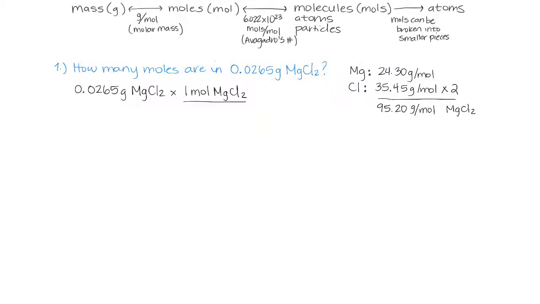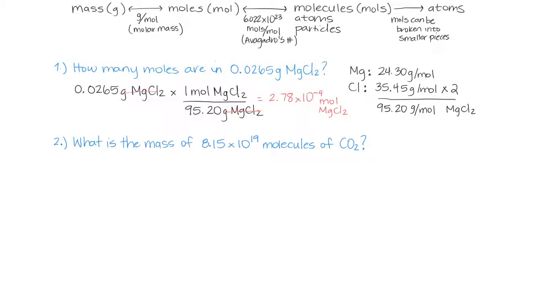So 1 mole over 95.20 grams of magnesium chloride. Notice that our grams of magnesium chloride will cancel out. And after doing the math, we get 2.78 times 10 to the minus 4 moles of magnesium chloride.